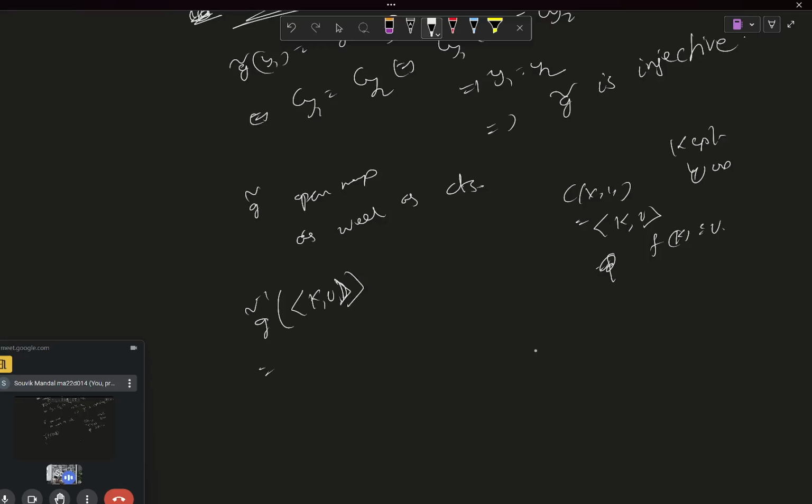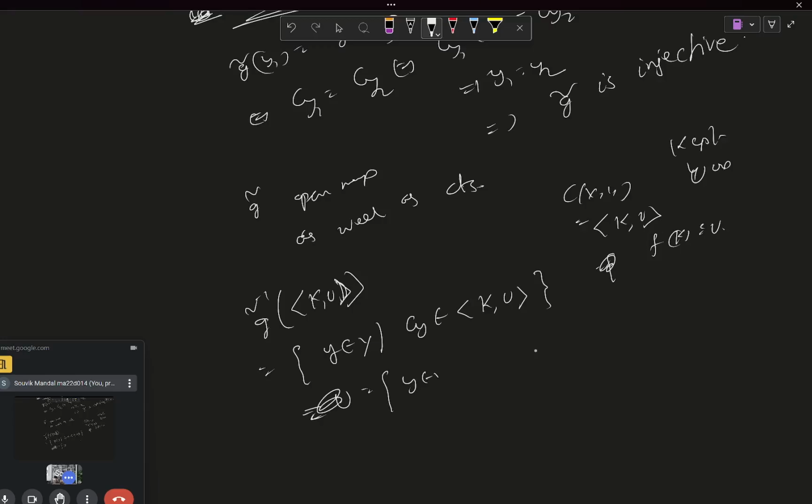Now g tilde inverse of [K, U] contains what? This contains all those y such that c_y belongs to [K, U]. Clearly this is equal to the whole of Y. Why?